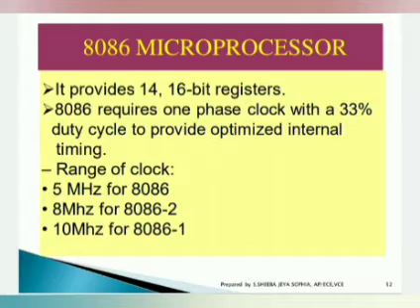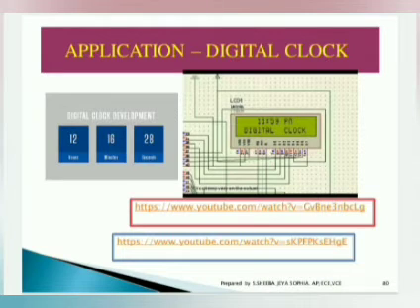Based on the application you are taking, for example, as I mentioned earlier, if you are going to use a digital clock, a simple implementation of the microprocessor, how its architecture has to be defined. And if you are going to use it for advanced applications like video gaming, how its architecture has to be redefined and implemented for that particular application.